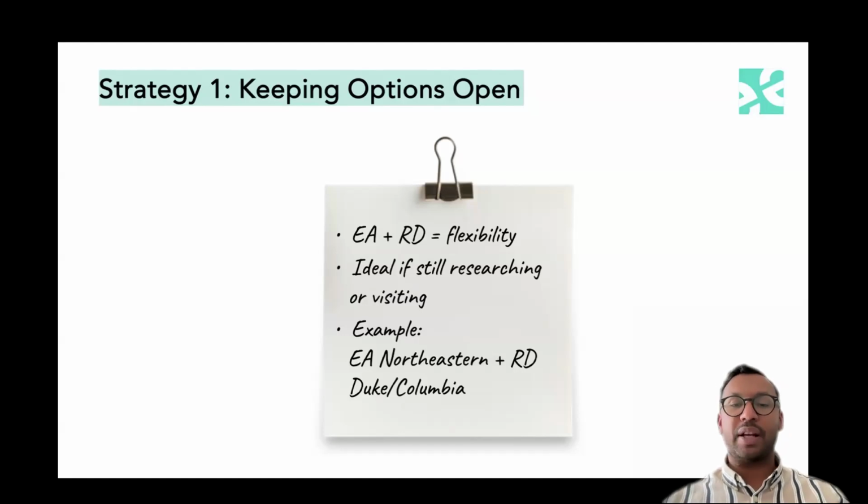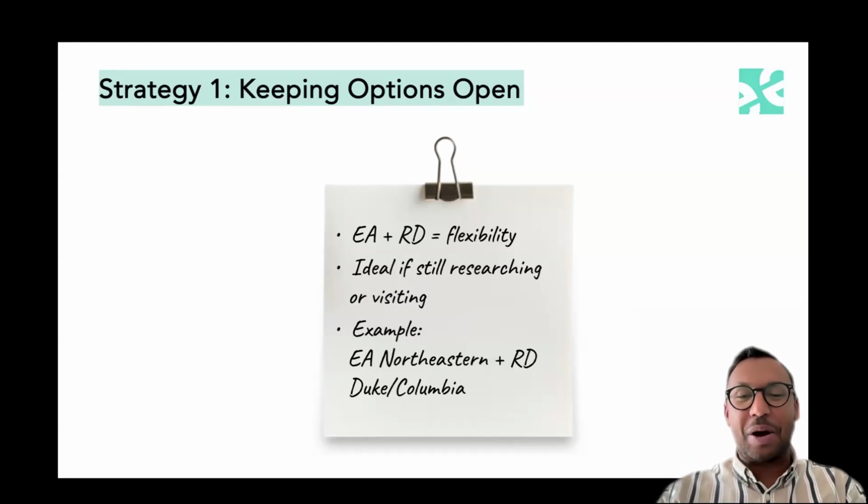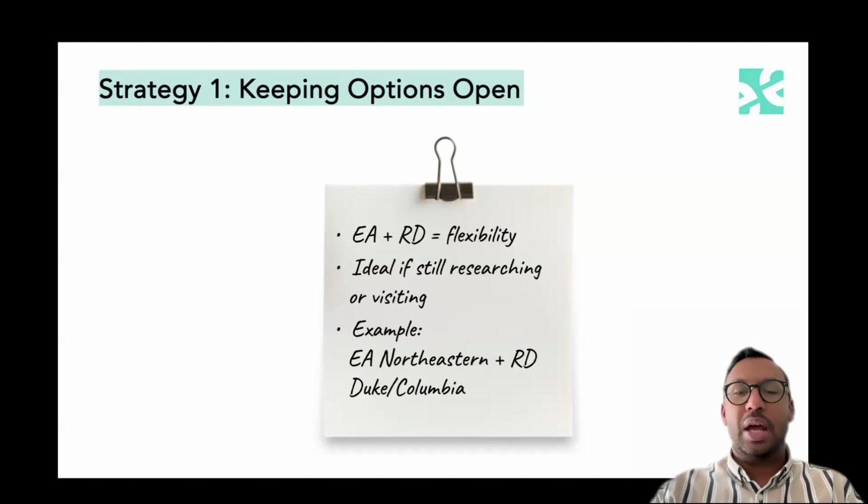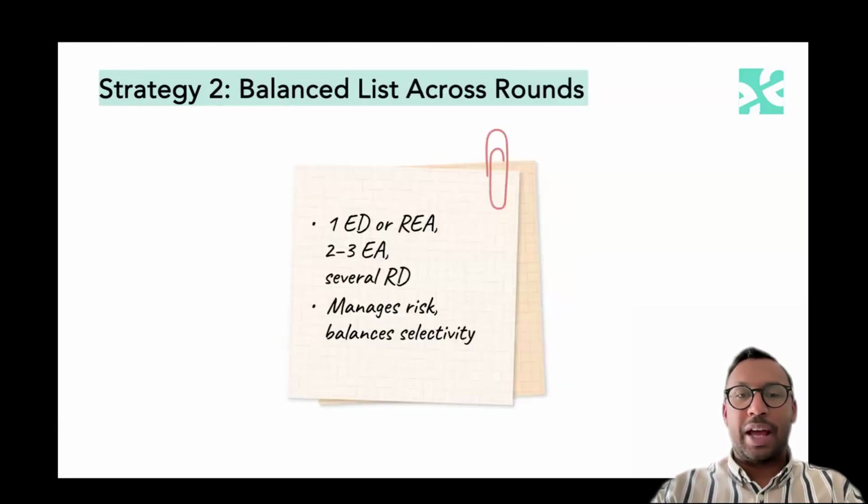And so keeping that flexibility could be the best option for them. An example of this could be applying early action to Northeastern University and then applying to slightly more competitive schools like Duke and Columbia in regular decision, amongst others. I'm just giving a few examples of universities that you can think about, but there are quite a number of universities that offer both early action as well as regular decision.